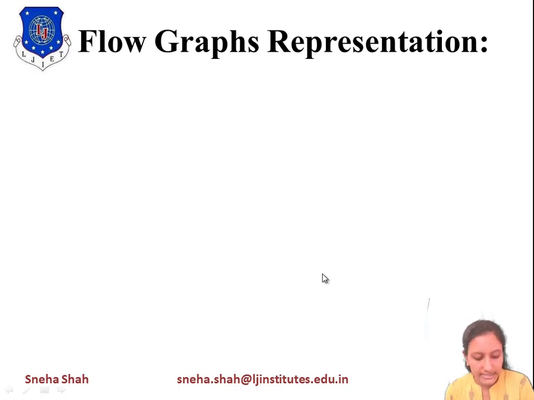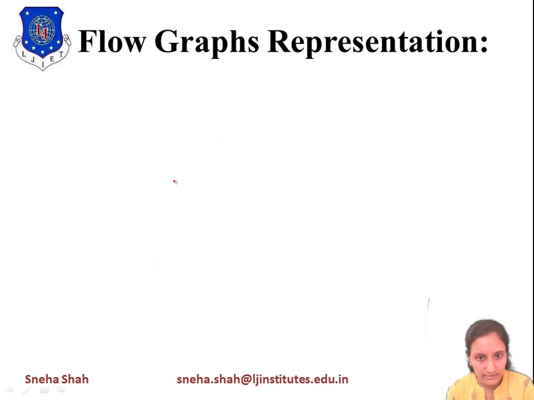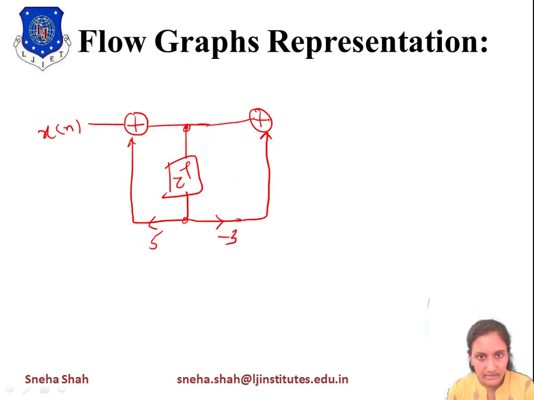Suppose I am drawing one structure: suppose I take x of n, this one is plus, over here suppose we take z inverse, over here we take 5, over here plus, minus 3, and this one is y of n, the output.